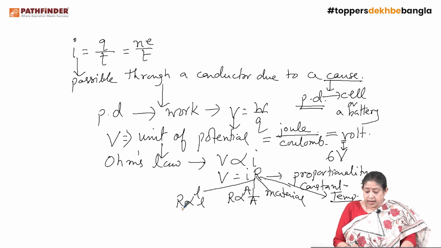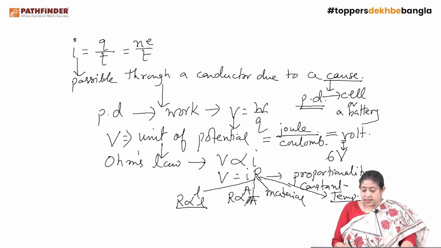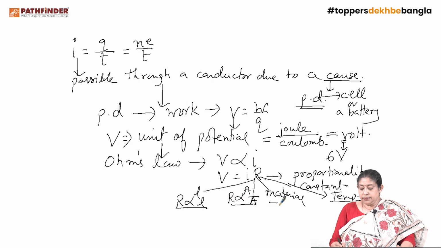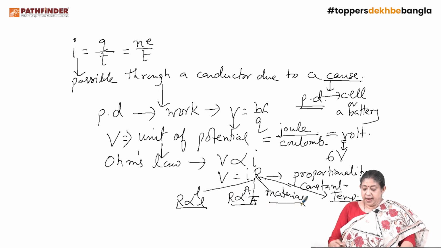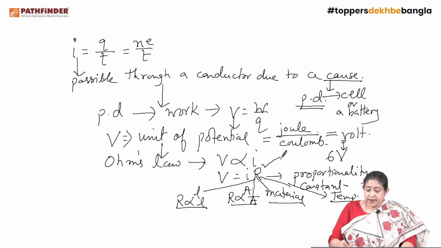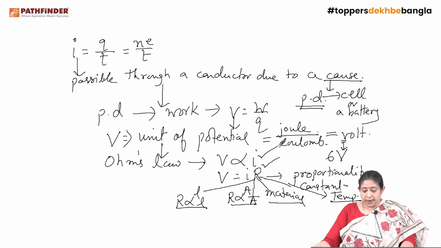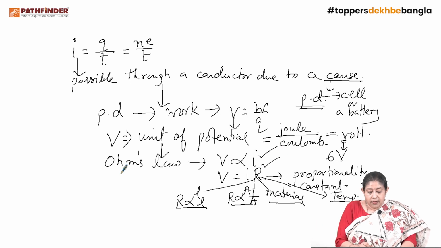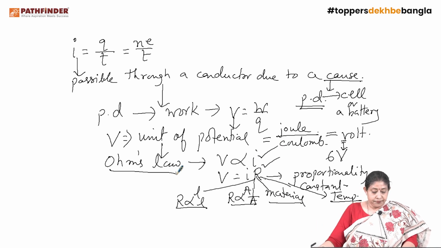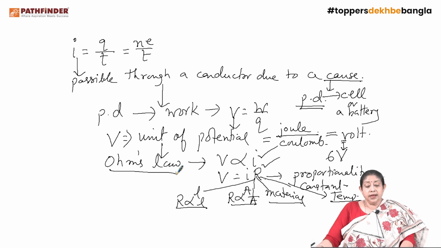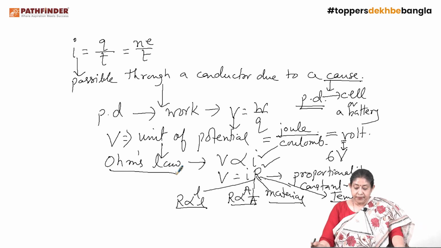It's nothing other than length, cross-sectional area and nature of the material. So if these remain constant, then definitely we ensure that R remains constant, and if R is constant, V is proportional to I. That means Ohm's law is valid. I think I am clear till this point.